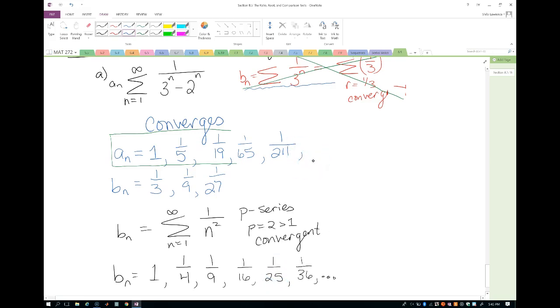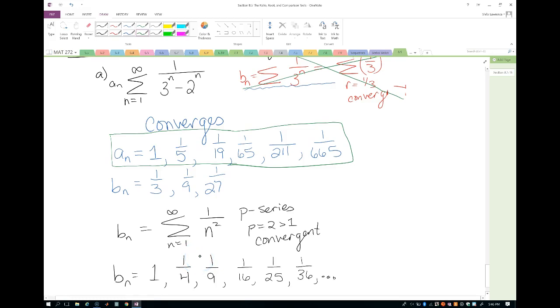And then I'm going to check real quick one more. It seems like our terms are getting smaller much quicker than this 1 over n squared p-series, and that trend should continue. 3 to the 6th minus 2 to the 6th would be 1 over 665. So these terms definitely are far smaller than this convergent p-series.